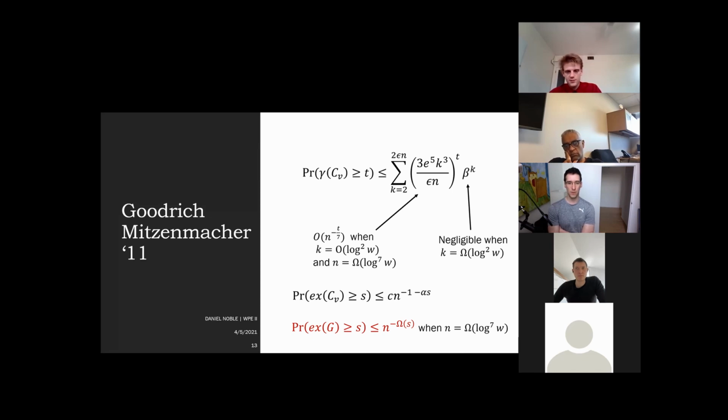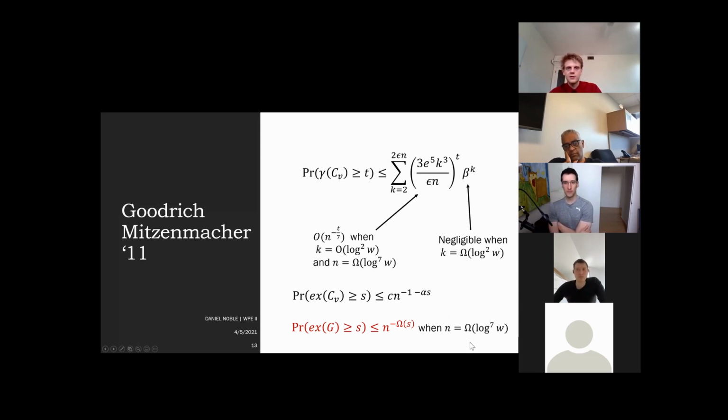So this is a pretty significant result, and a lot of later oblivious RAM protocols use this result. So if you ever see a log to the 7 term in an oblivious RAM protocol, this is where it came from. But in some ways, it's not entirely satisfying. They don't explicitly state what the constants are in the negative omega s term.